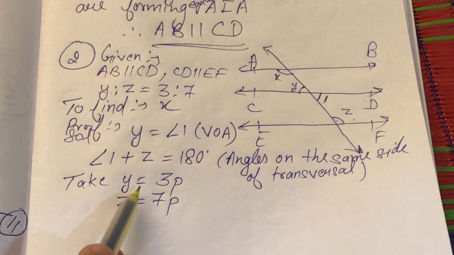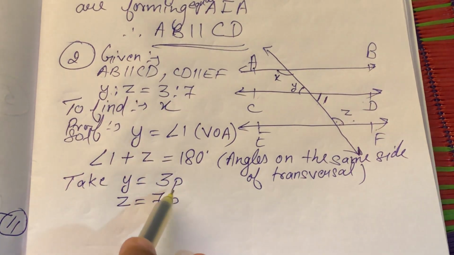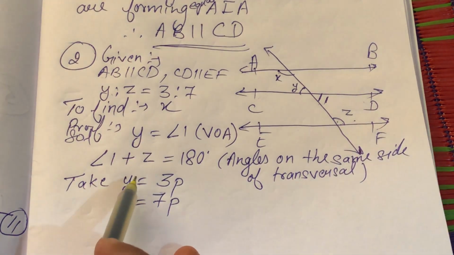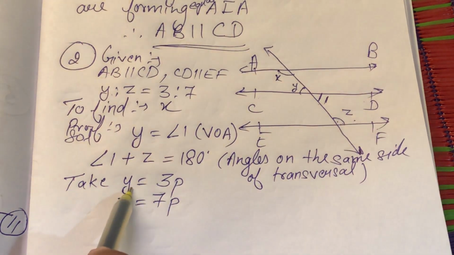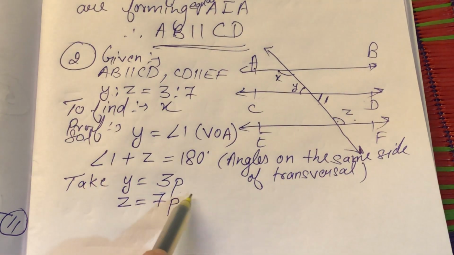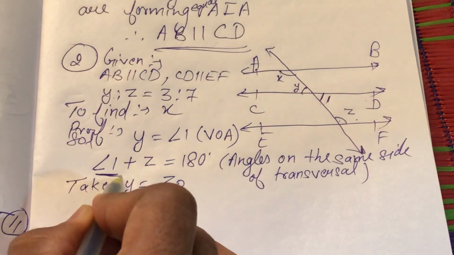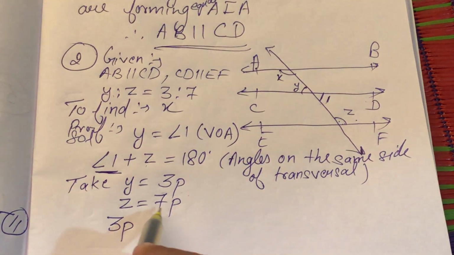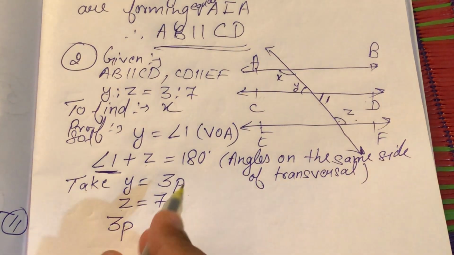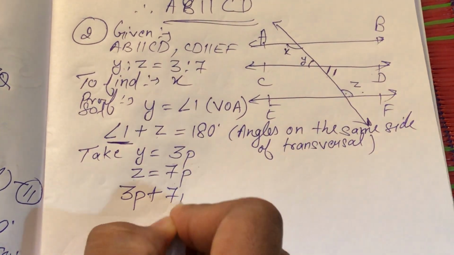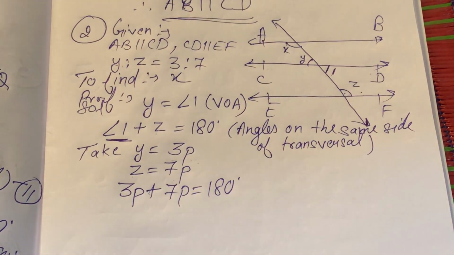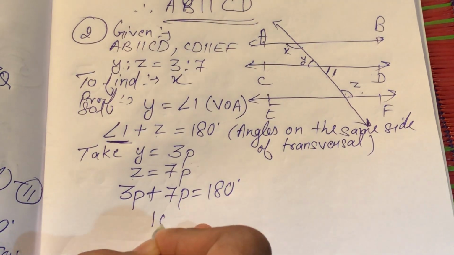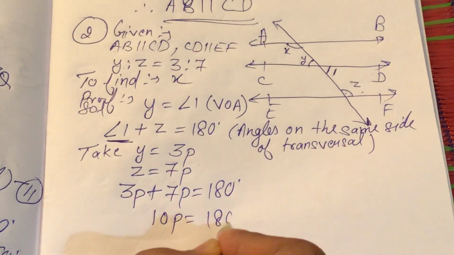Okay. Now put the value of Y. Y is equal to angle 1. Angle 1 is how much? 3P. देखो क्वेश्चंस में ही देख लो बहुत ध्यान से फिगर में रिपीट करके. Y equals angle 1, that means angle 1 equals 3P, so in place of angle 1 I will put 3P, and in place of angle Z I will put 7P. 3P plus 7P equals 180, that means 10P equals 180.